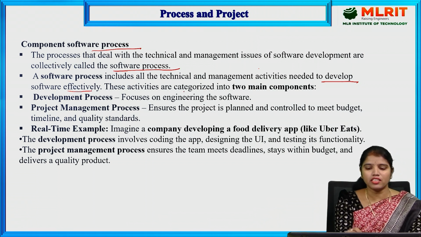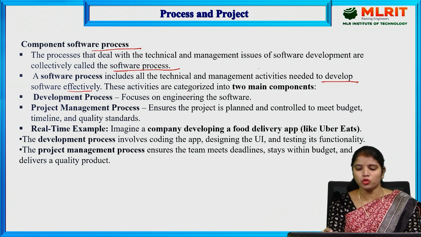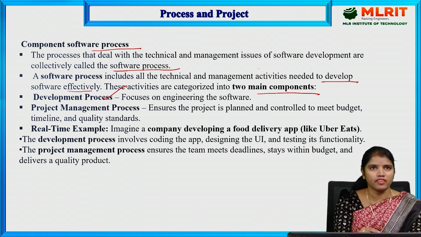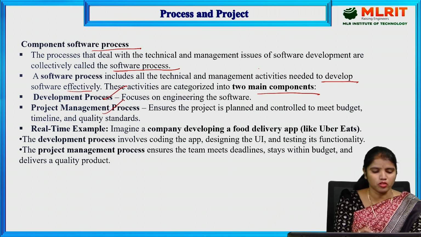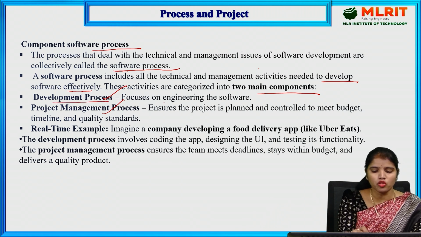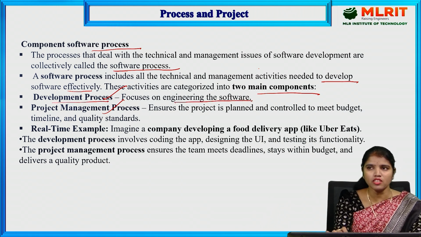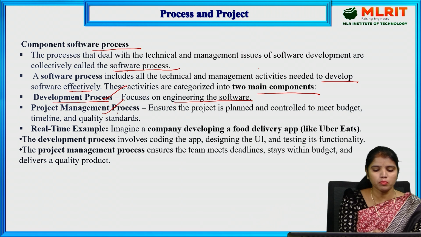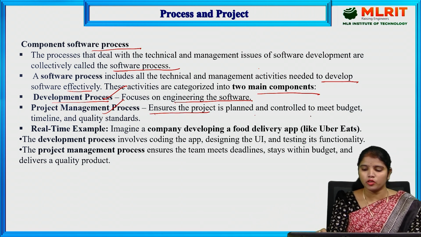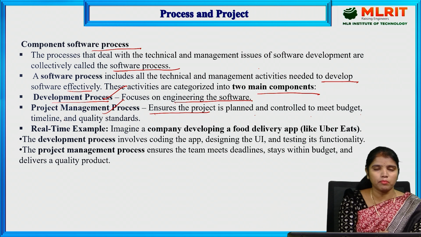These activities are categorized into two main components: one is the development process and the other is the project management process. The development process focuses on engineering as well as the software. The project management process ensures the project is planned and controlled to meet the budget, timeline and quality standards.